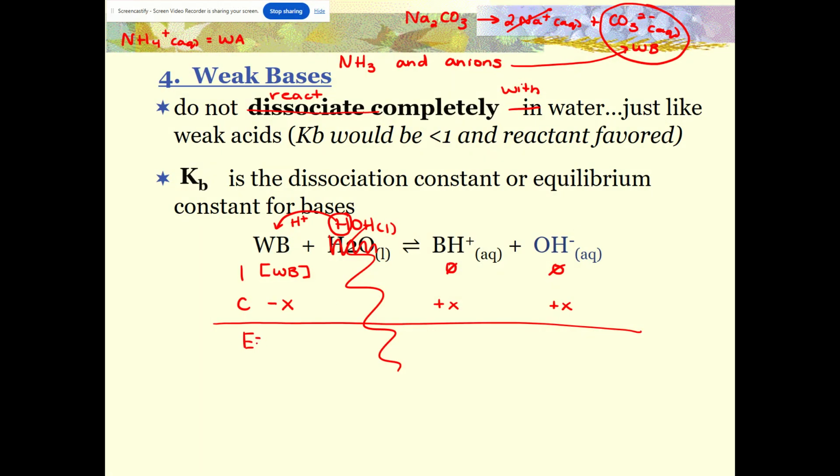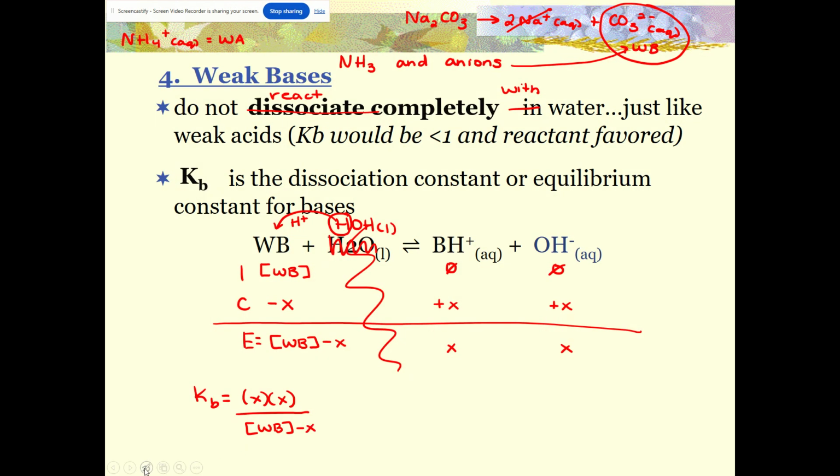So at equilibrium, my weak base is going to be the weak base minus whatever that small change is. My conjugate acid of my base that gained the hydrogen is going to be X, and the hydroxide ion is going to be X. So if I put this into my KB expression, it's going to be X times X over concentration of the weak base minus X.